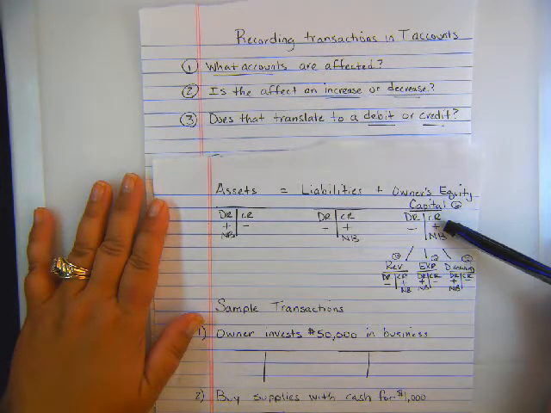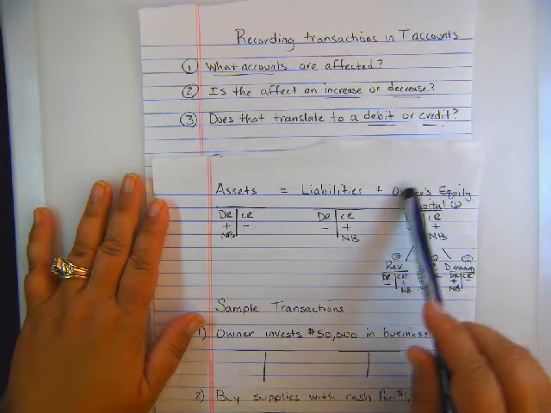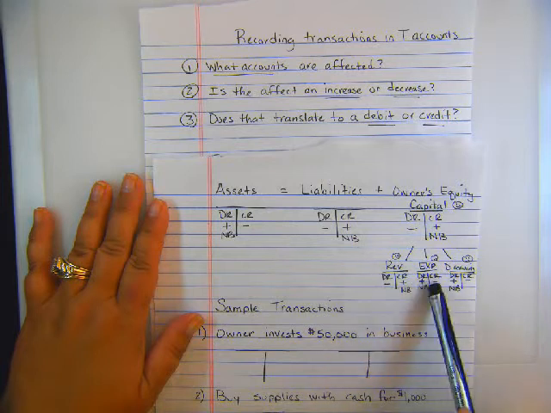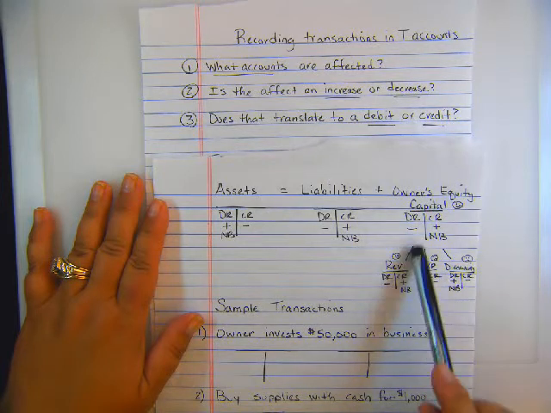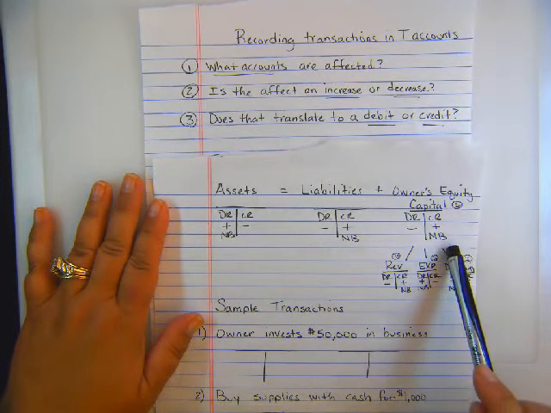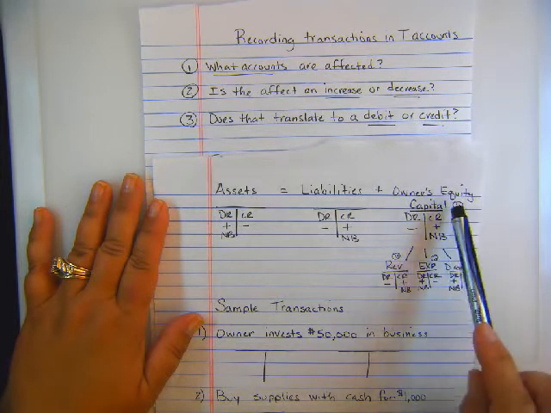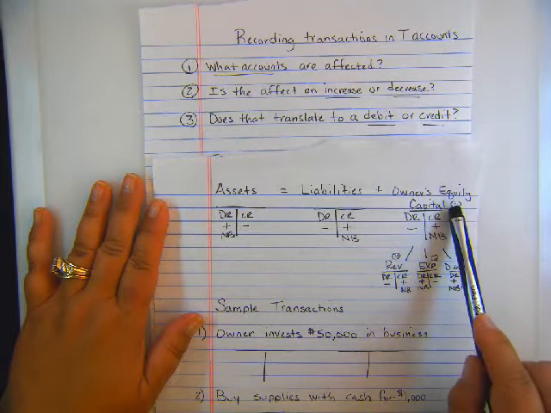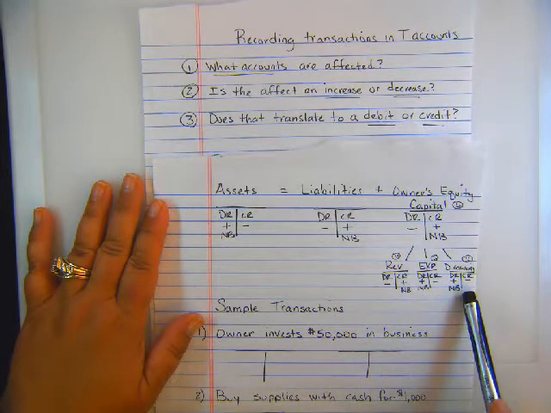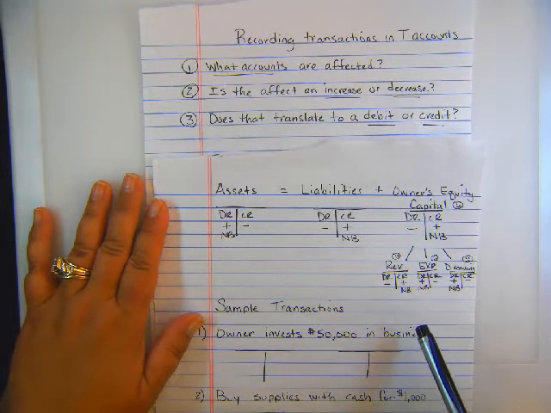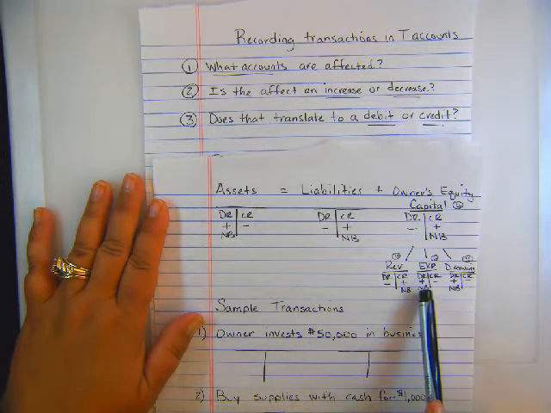It increases with a credit, and the normal balance is on the credit side. It's on the right-hand side, and that's how it works. We have these feeder accounts that go in owner's equity that are going to, in the end, impact capital. Revenues operate like capital. Expenses and drawing, however, are going to reduce capital, and they work contrary to capital. So we increase expenses and drawing with debits, and the normal balance side is on the debit side.